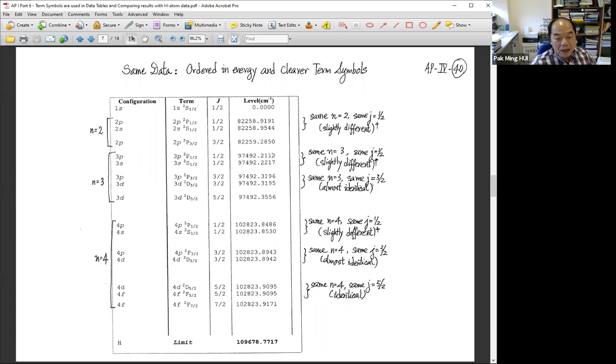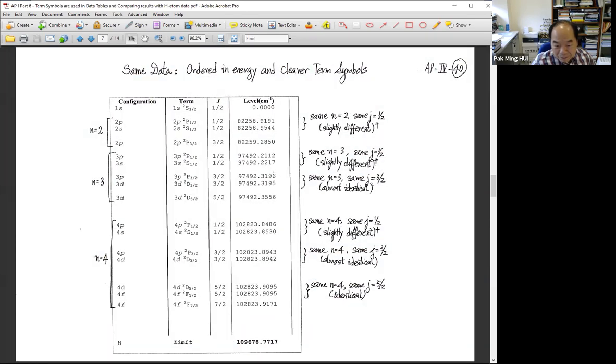Okay, and for n equals 3, there's another situation. You can take a p state, L equals 1 plus half, the J is 3 half. You can take a D state, L equals 2 minus half, that gives you a 3 half. Now let's look at this. Are they the same?